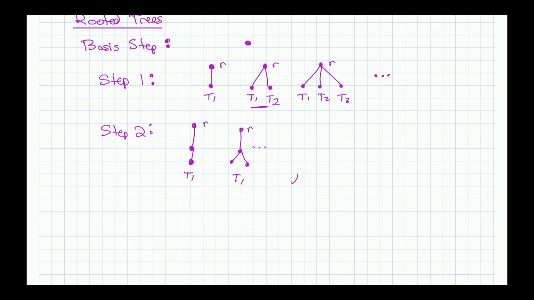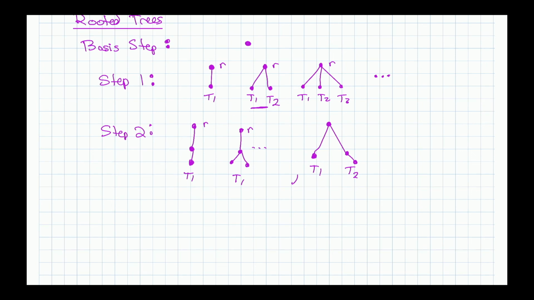Because you could have a T1 and a T2. So let's say T1 is just a single vertex, and maybe T2 is one of these guys. Well, then how would you make a rooted tree? You would have a root, and then you add an edge to each of the old roots. So that's a rooted tree.